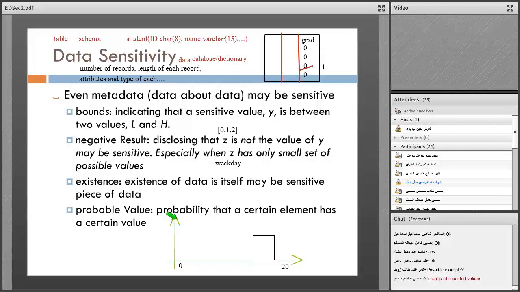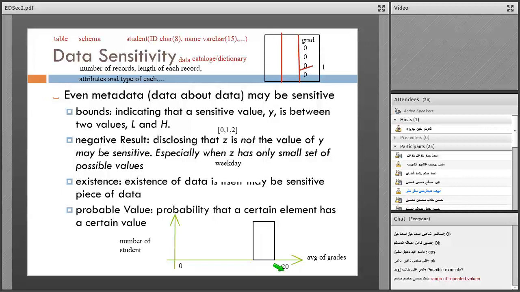This is the number of students in each set, and here is the average of grades of students. I know many students have an average, for example, between 15 and 18.